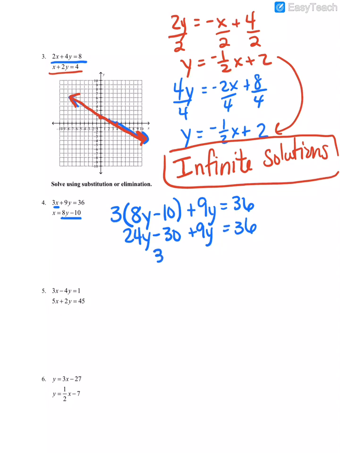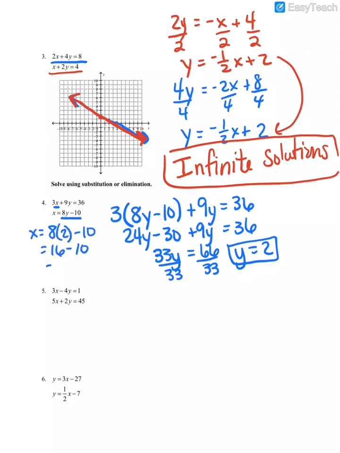Combine like terms, so 33y, add the 30 to the other side is equal to 66, divide by 33, so y is 2. Plug that back in, so x equals 8 times 2 minus 10, 16 minus 10 is 6. If you want to write it as an ordered pair, that'd be 6, 2.